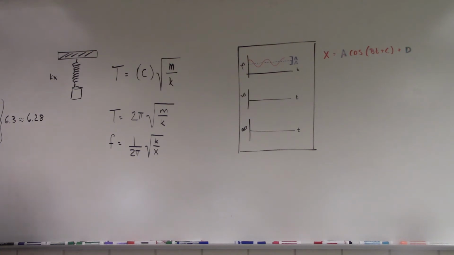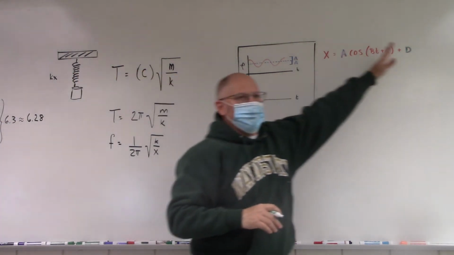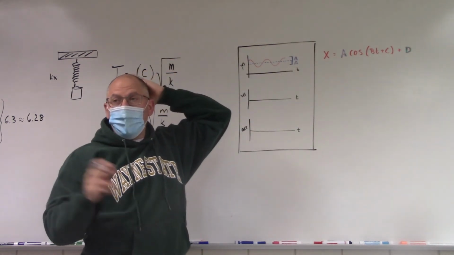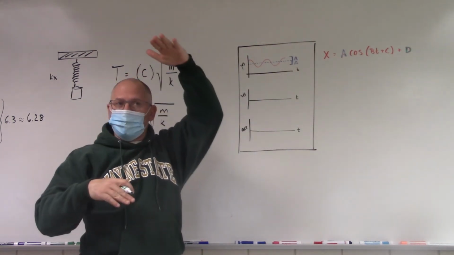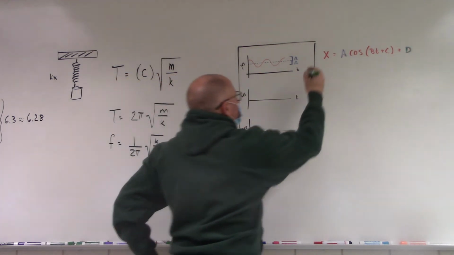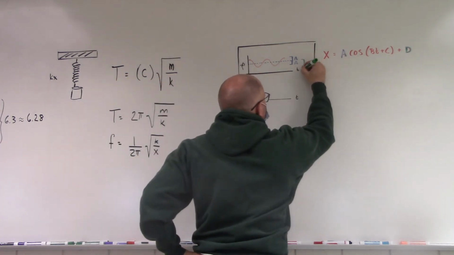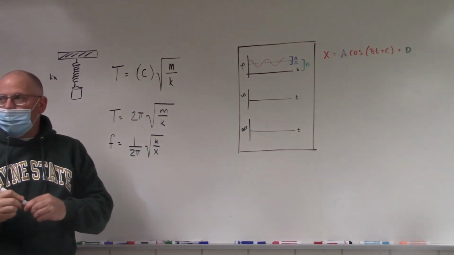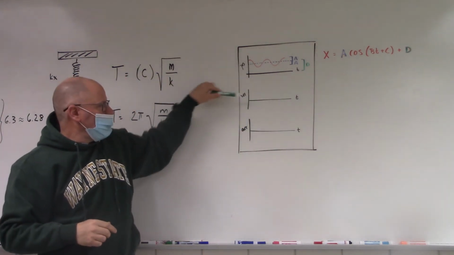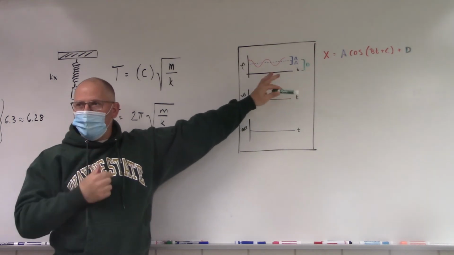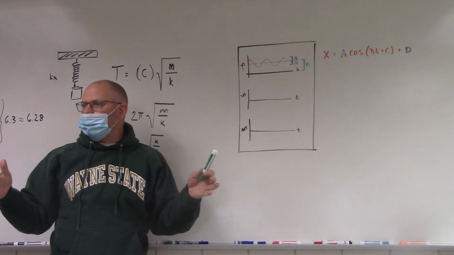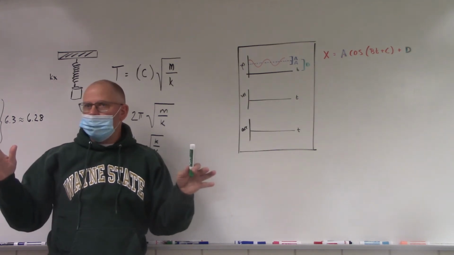So the D, because it's all the way at the end, it's the add-on. Yeah, go ahead. It's the y-intercept. It is. It's a vertical shift. It's the y-intercept. It's this distance here. Now, the thing that I think is really cool about this is if you look at your other two, their middle line is the time axis. So the D value for the other two is really, really close to 0, right?